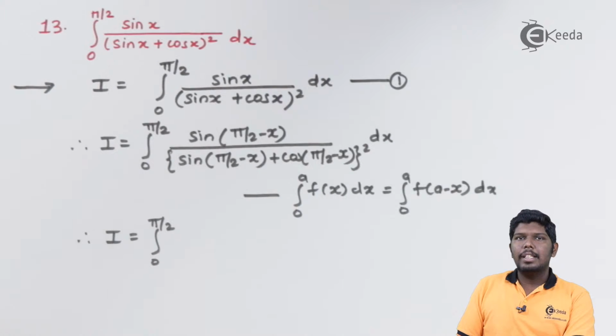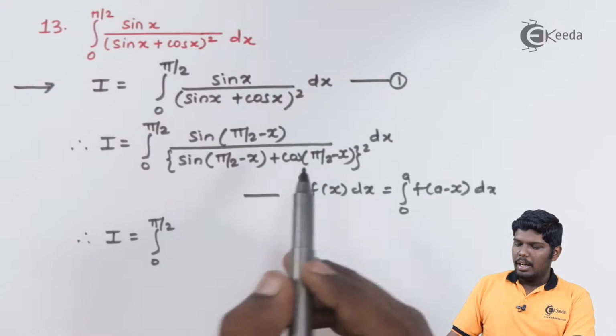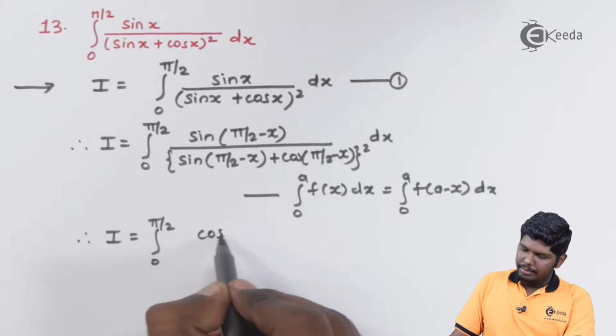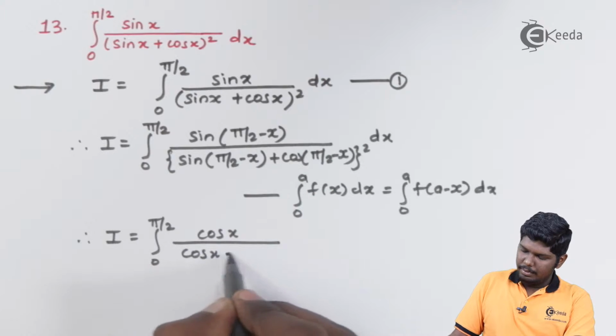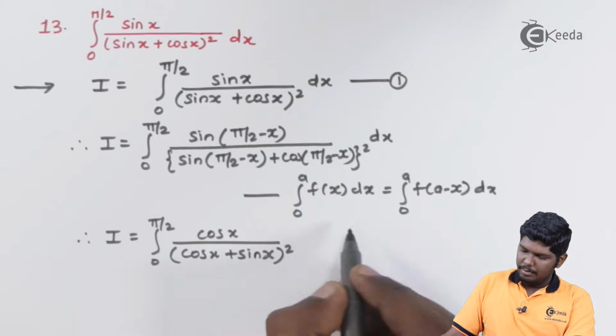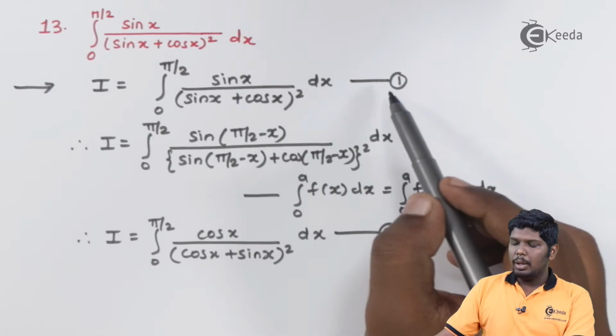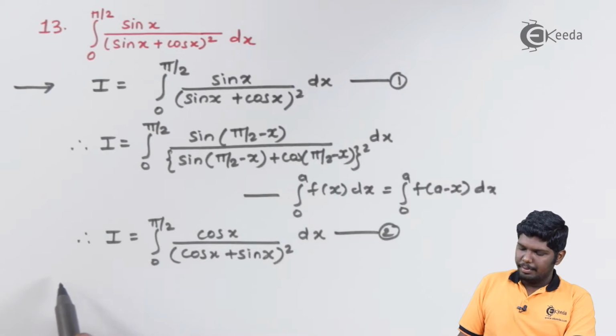Sin of pi by 2 minus x will give you cos x and cos of pi by 2 minus x will give you sin x. Considering this as equation number 2, we can add equation number 1 and 2.